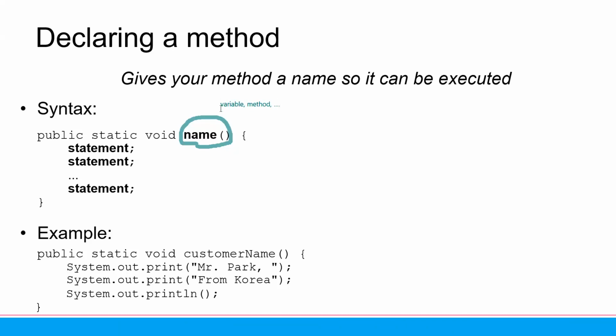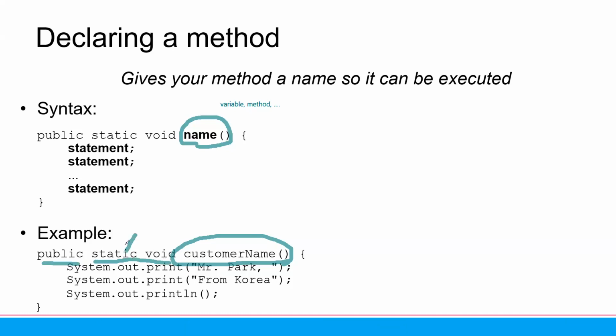In order to make the name, you need to define a good name so people can understand the meaning of this method. For example, I make this name customerName. Then I need to define public. At this moment, let's just make it static void.